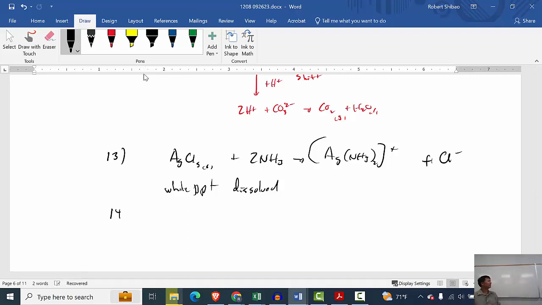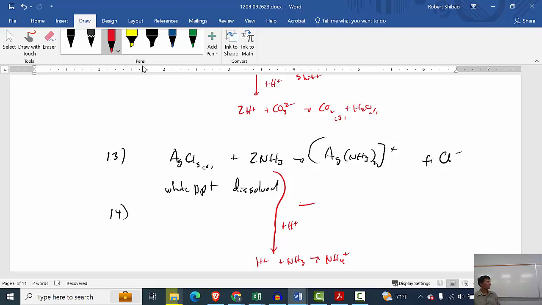This will be 14. If we add HNO3, we're adding H plus. The nitrate's a spectator. And that's going to react with the ammonia to produce ammonium. Ammonium is not going to participate in this equilibrium.